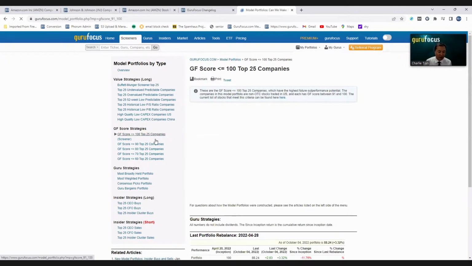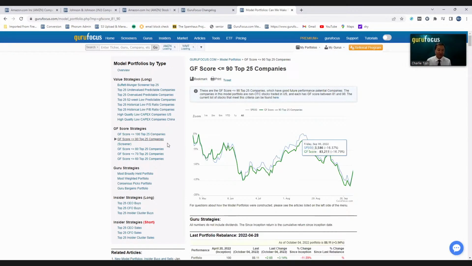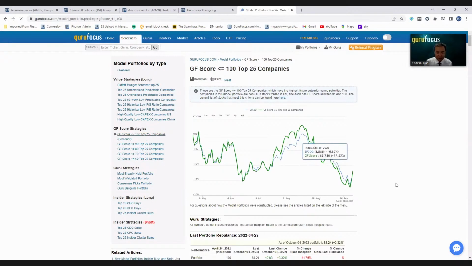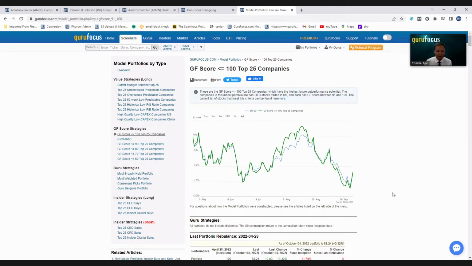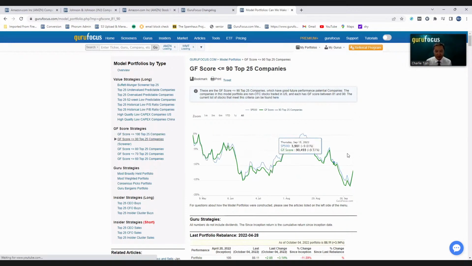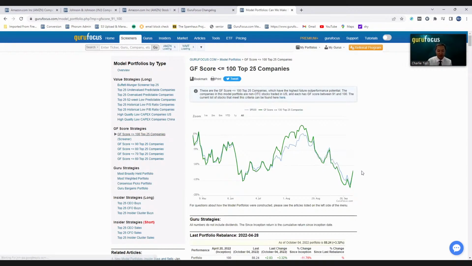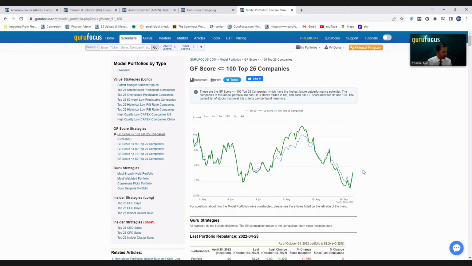For the highest ones, we haven't seen much difference yet. Over the course of the last 6 months, the high GF Score companies did better, but at this point, they are similar to the S&P 500.